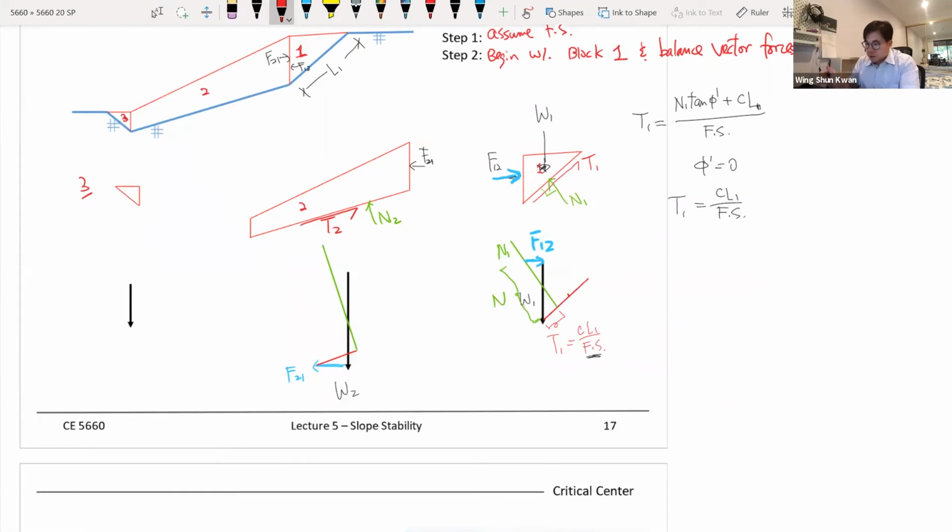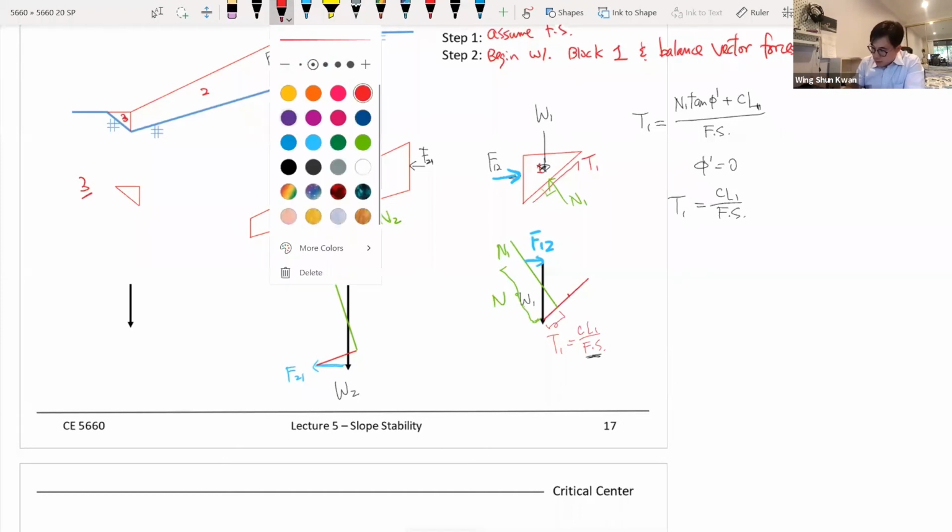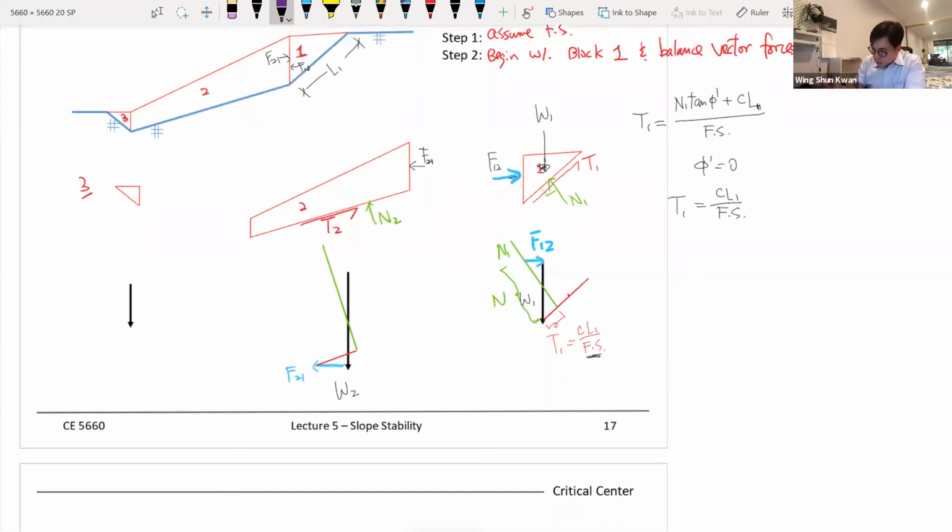This will help us find out now, because at the end of the day, we also assume that the internal force from the second to the third is at this orientation. So we can find out the magnitude of that.